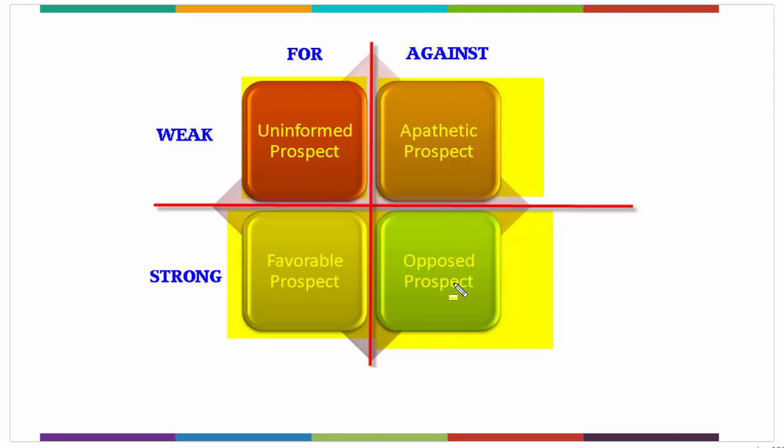Therefore, the approach that you would use for someone who is favorable towards your solution would be quite different to the one for someone who is opposed to your solution.